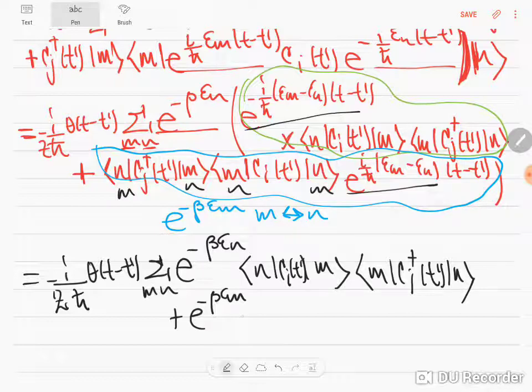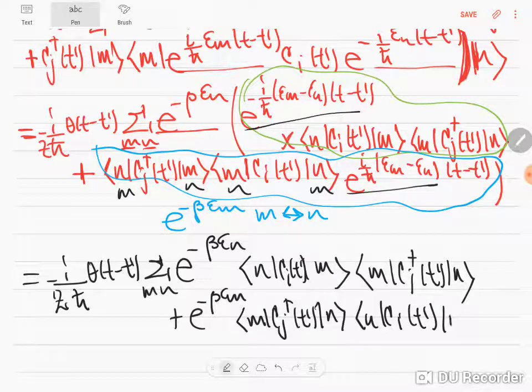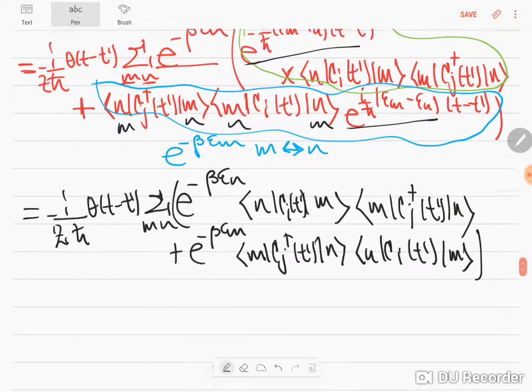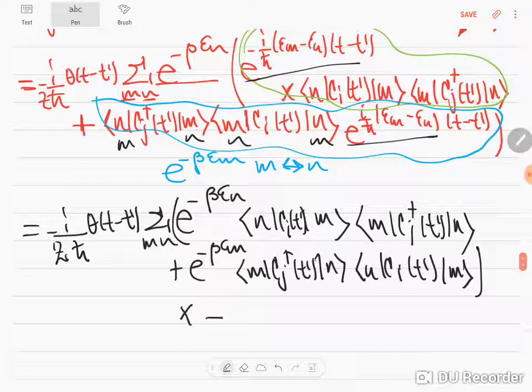So that's what we're going to write: m, cj dagger t prime, n, ci t prime, m, and we use parentheses here, and all of this we multiply by the exponential e to the minus i over h bar (Em minus En) times (t minus t prime).